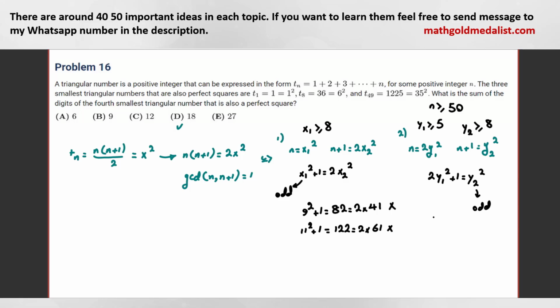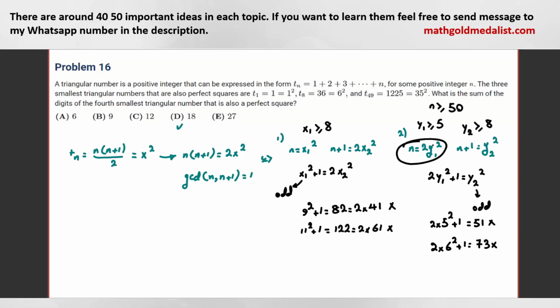Okay, so 2 times 5 squared plus 1 is what? 51. It's not good. It's not a perfect square, right? So next one. 2 times 6 squared plus 1 is what? 73. It's not a perfect square.